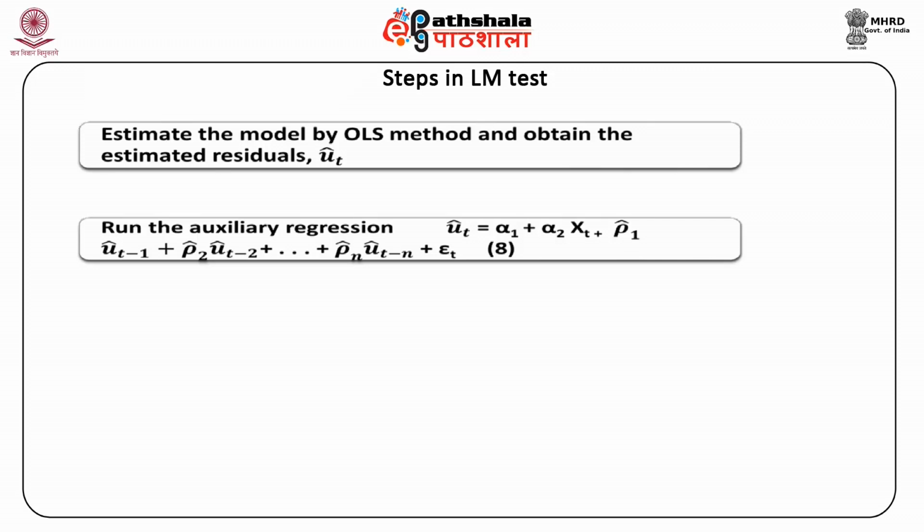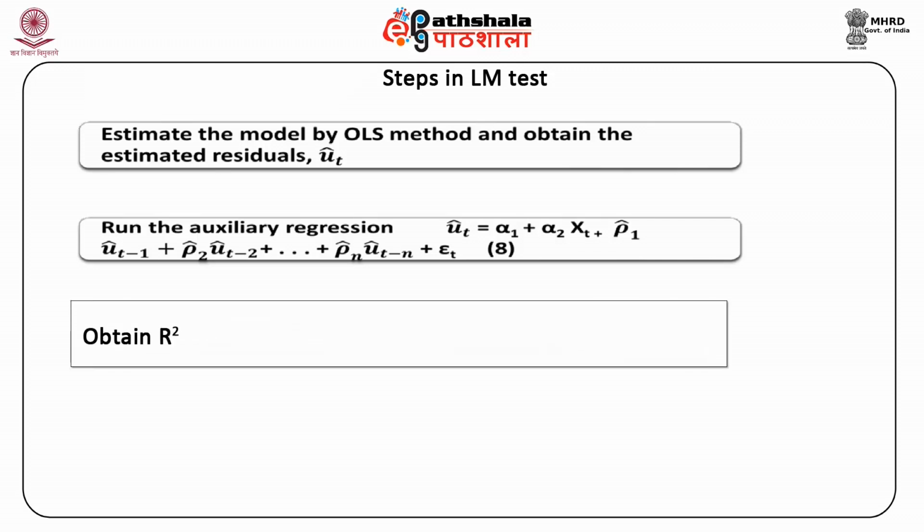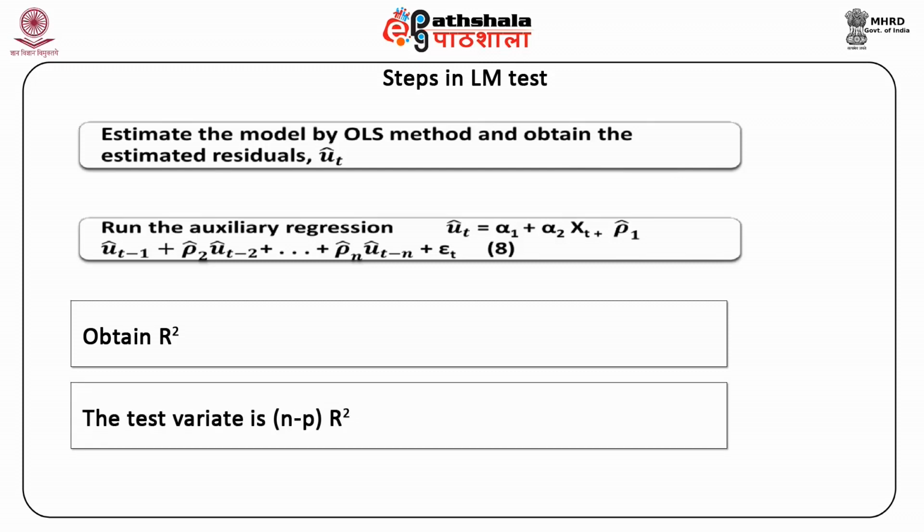The third step is to obtain R square, capital R square, which is also known as the coefficient of determination. The fourth step is that the test statistic is, in this case, n minus p into R square.